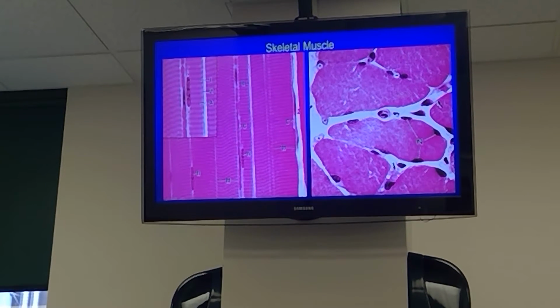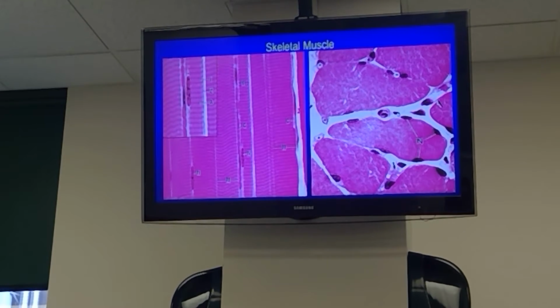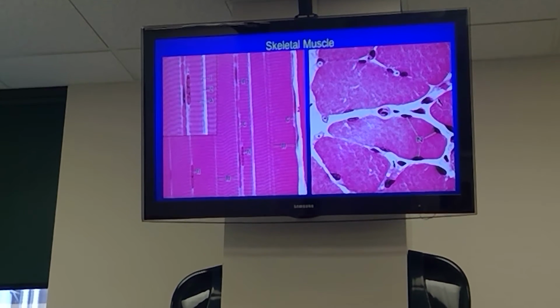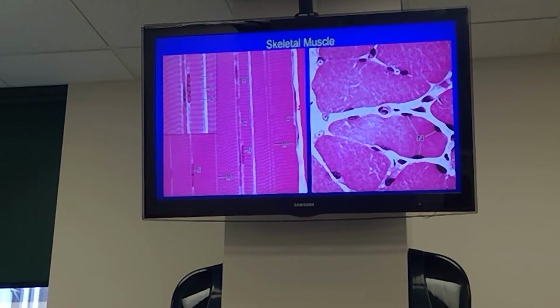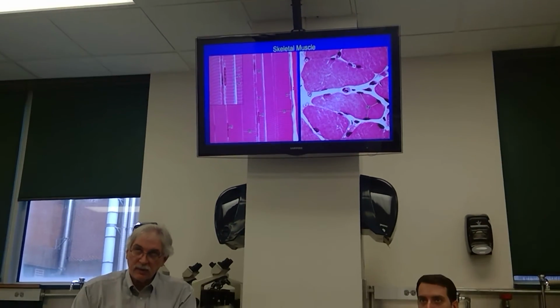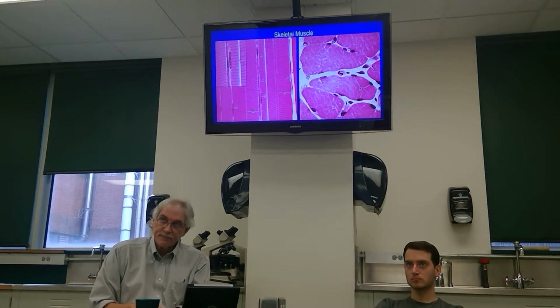There might be an occasional fibroblast making connective tissue fibers, but by and large, those are rather insignificant. They're there. We'll talk about them as a layer that surrounds each muscle fiber, but for right now, I'm not going to emphasize their importance. They are important in one way when we talk about muscle fiber injury.